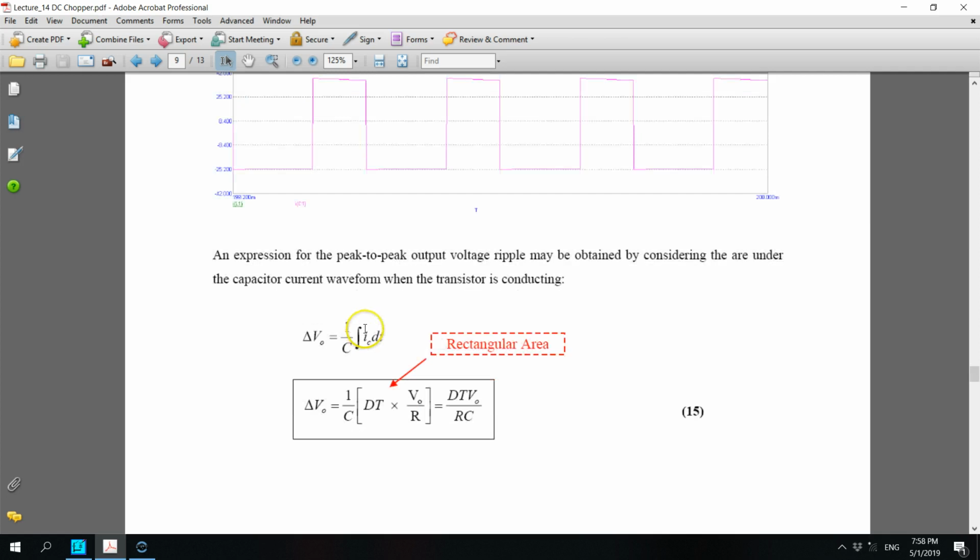So therefore, the output voltage ripple equation is similar to the boost converter, whereby delta V0 equals dt V0 over RC.